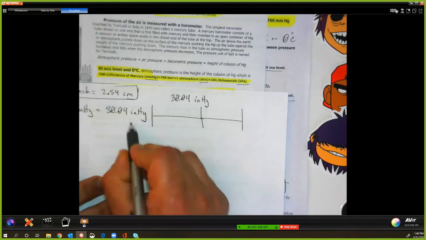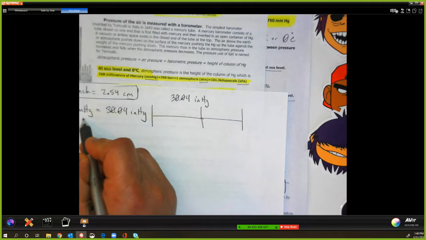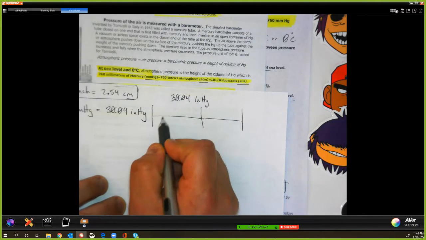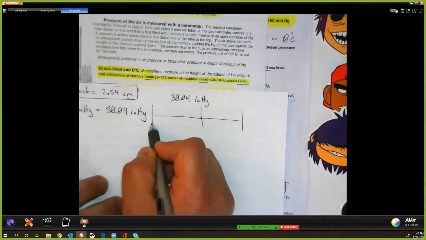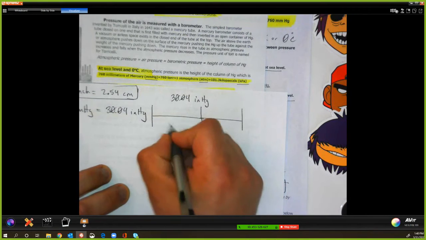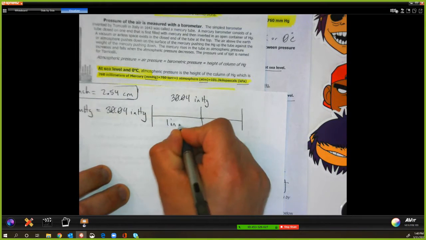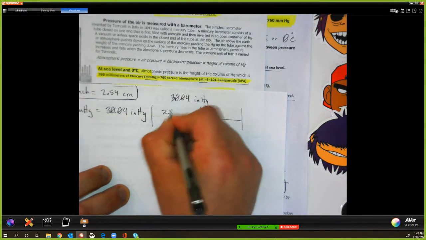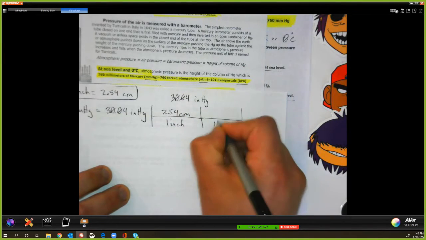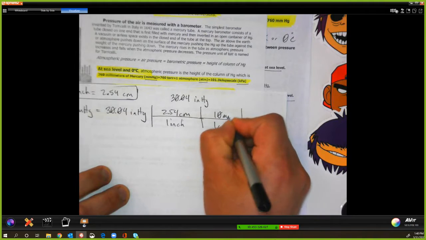I need to get it in centimeters because I need to get to millimeters, right? Because this is inches of mercury, so I need to make that conversion from the standard system that we use here to the metric system. So if I do that, I go 1 inch is equal to 2.54 centimeters. And then I know for every 1 centimeter, there's 10 millimeters.